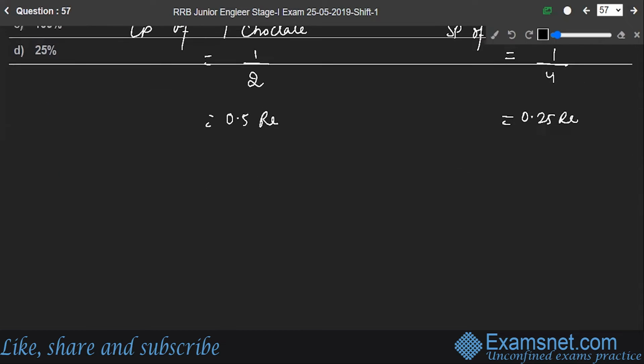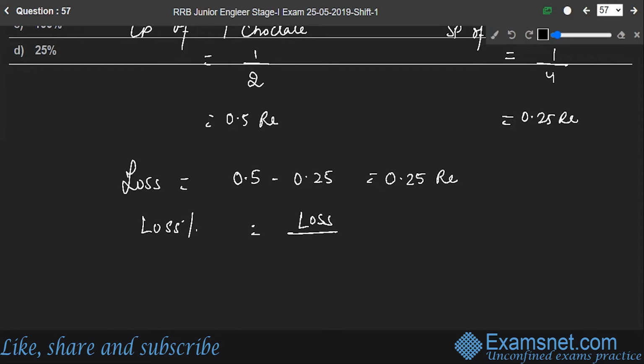Of course, you are having a loss because the selling price is less than the cost price. So the loss will be 0.25 rupee, and you have to find the loss percentage. That will be loss upon CP into 100.